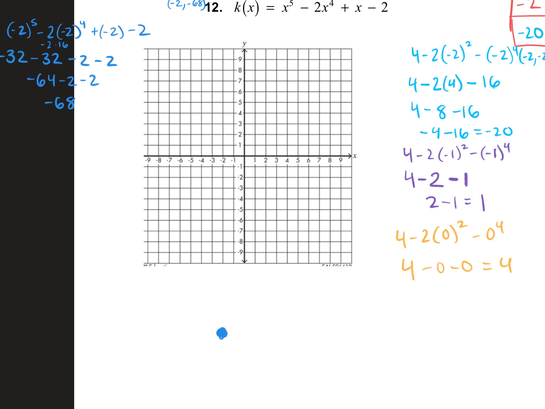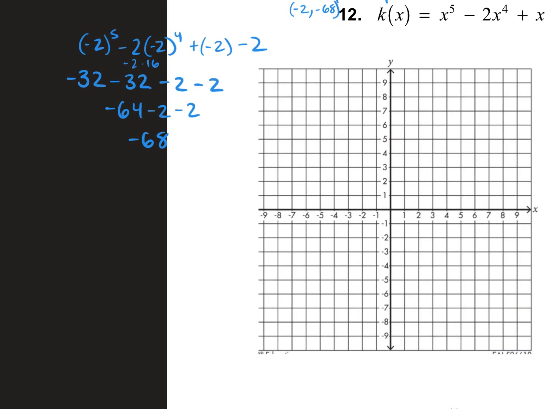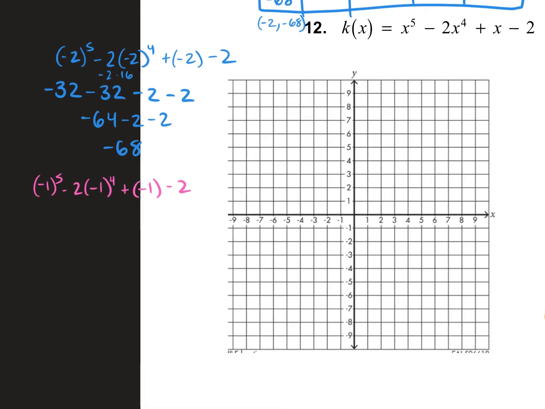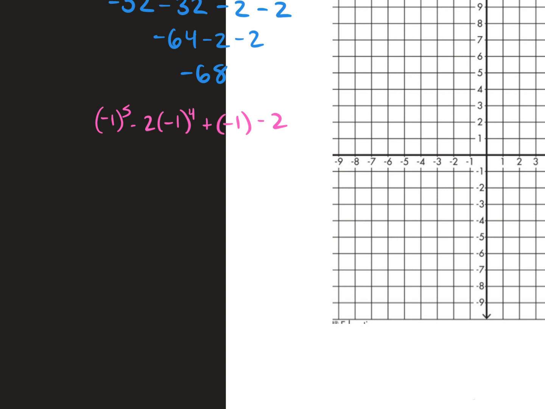Next, let's plug in -1. So we have negative 1 to the 5th power minus 2 times negative 1 to the 4th power plus negative 1 minus 2. What's negative 1 to the 5th power? Negative 1. Negative 1 to the 4th power would be 1, and 1 times negative 2?